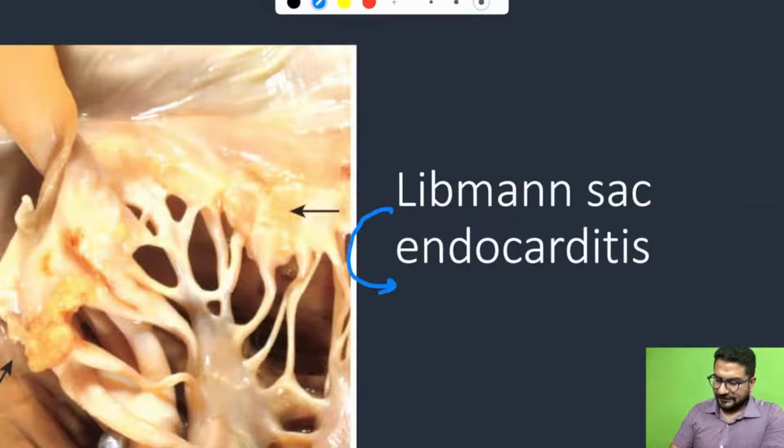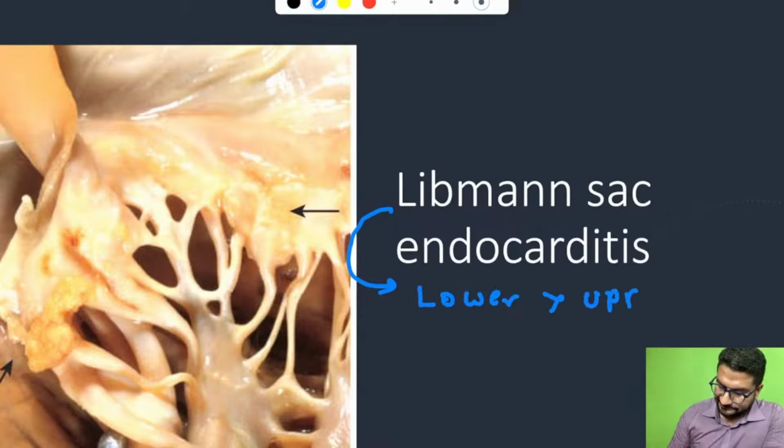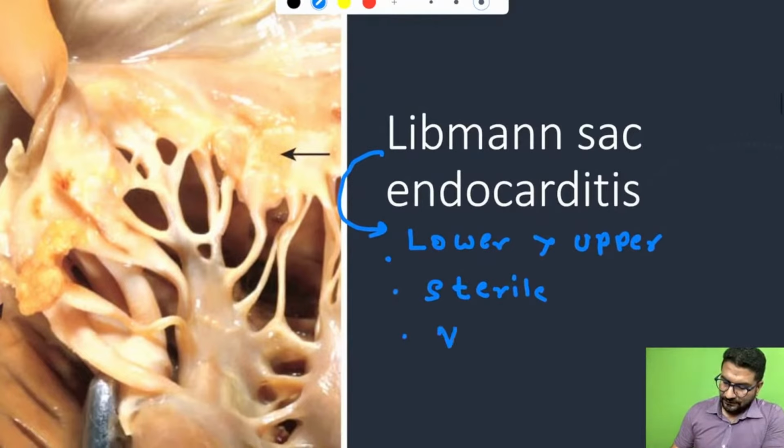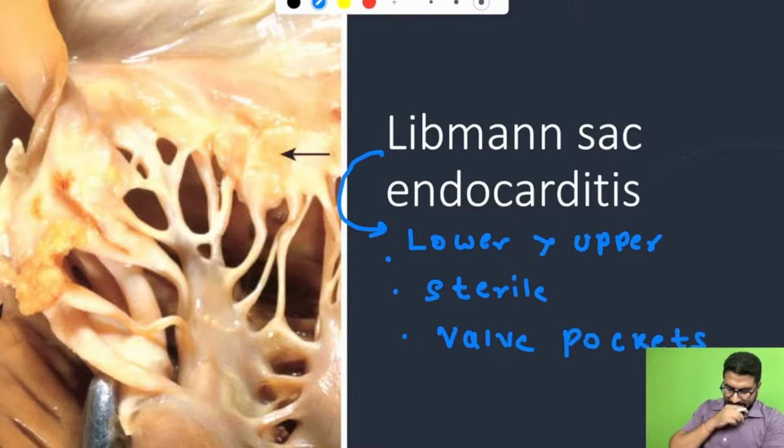So you can see these vegetations. These vegetations are present more on the lower surface than the upper surface. Second, the vegetations forming here are sterile vegetations. We also call this vegetation on valve pockets.